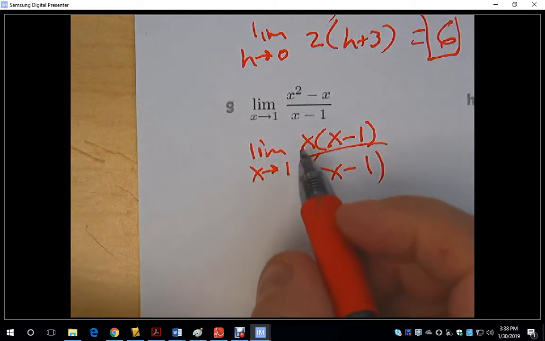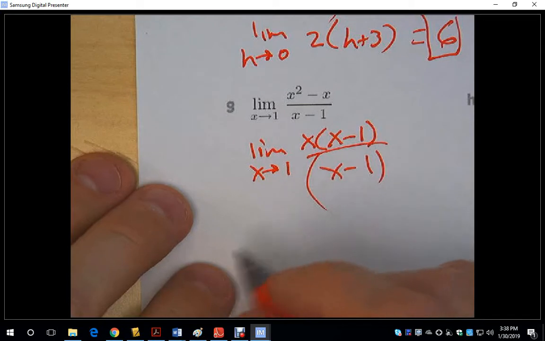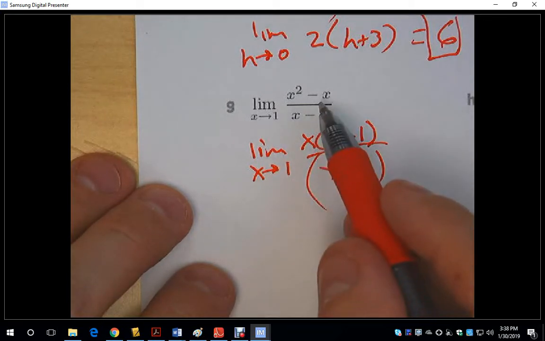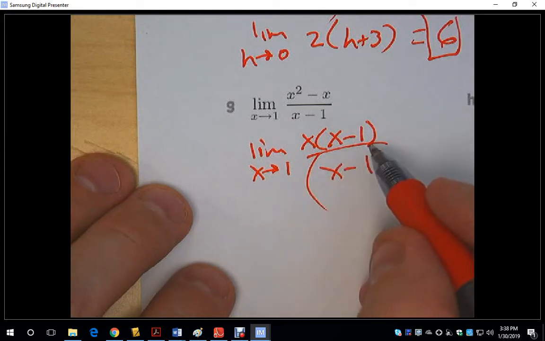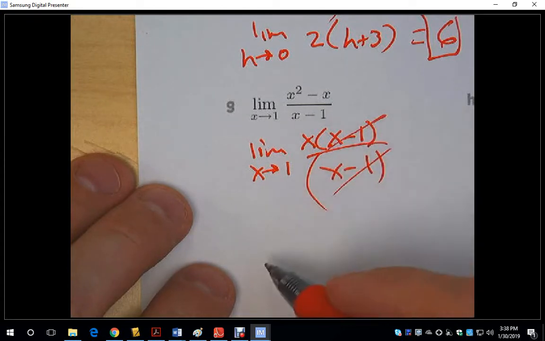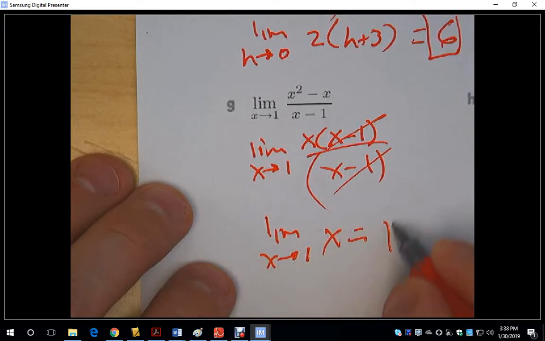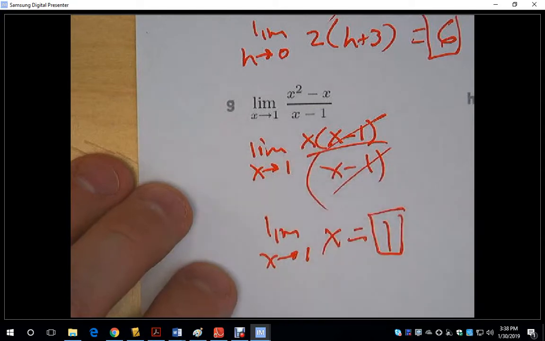So I guess this one's a little bit different. So I misspoke. So now I factored out an x, and so I have x minus 1 over x minus 1, which is just 1. And so I have the limit as x approaches 1 of x equals 1. If I plug in the 1, I get 1.